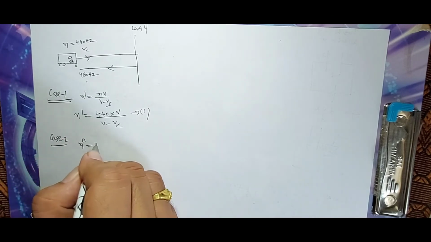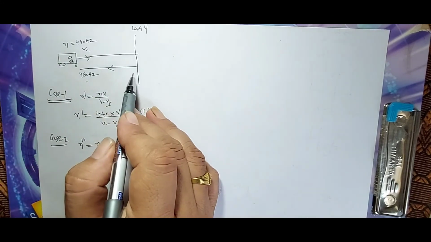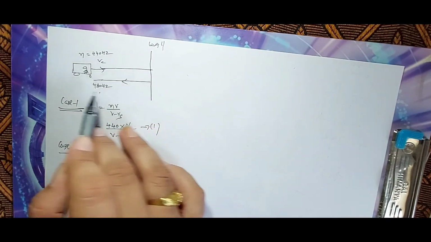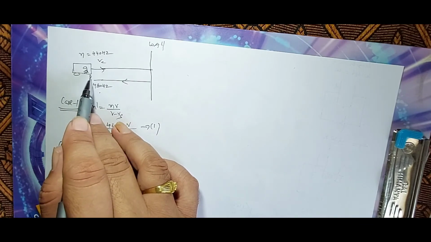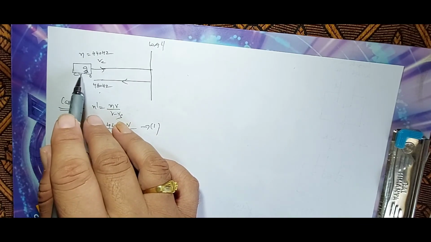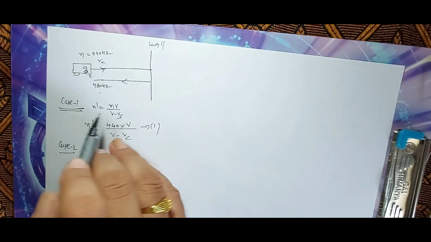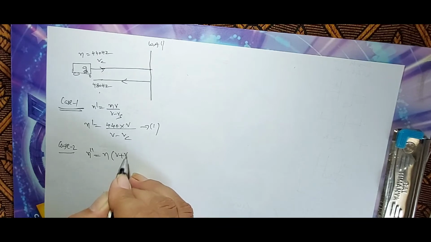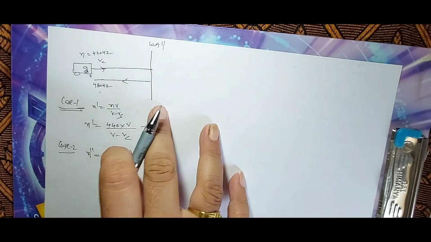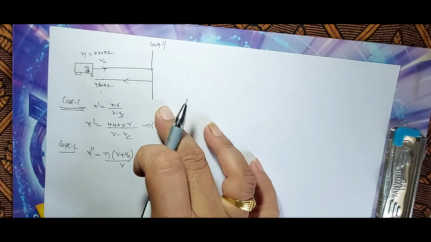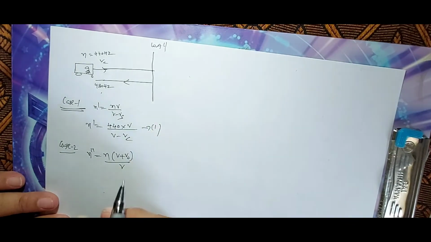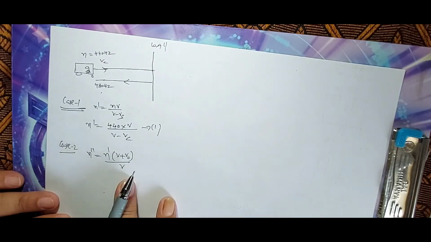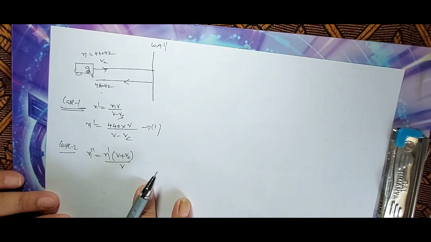In the second case, this wall acts as a source and this car acts as an observer. The observer is moving towards a stationary source. That means the formula is n into V plus V naught by V. Here, in the second case, the wall is a source that is at rest. N double dash is equal to n dash into V plus V naught by V.